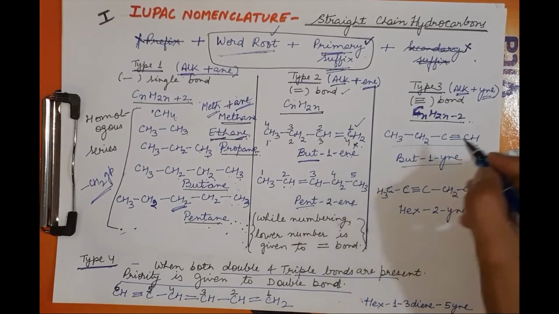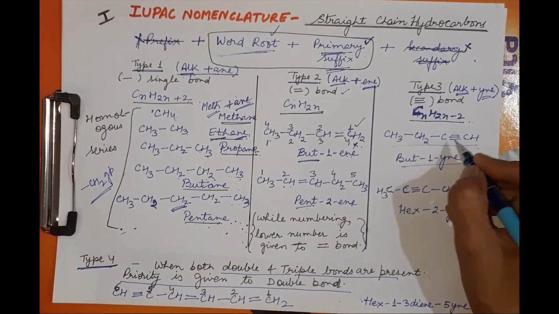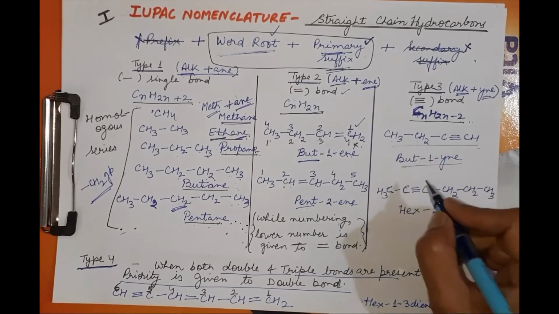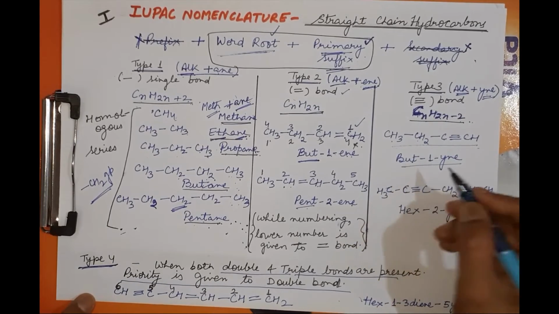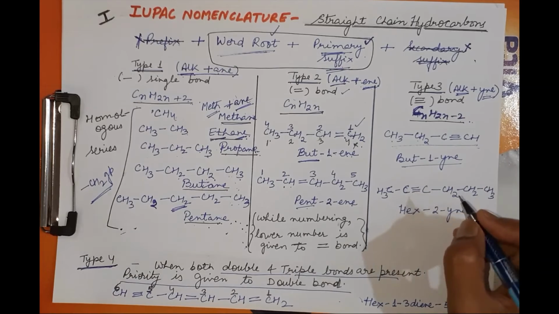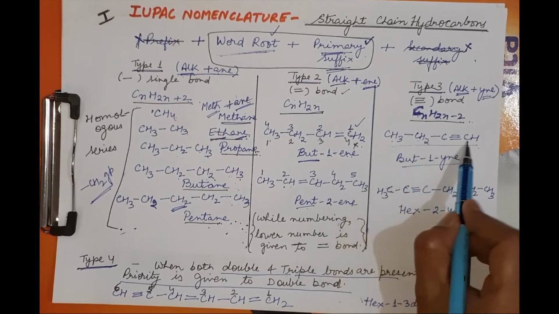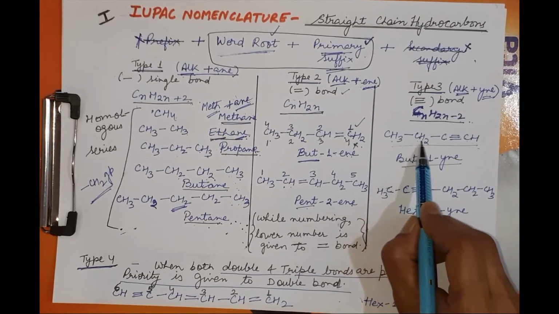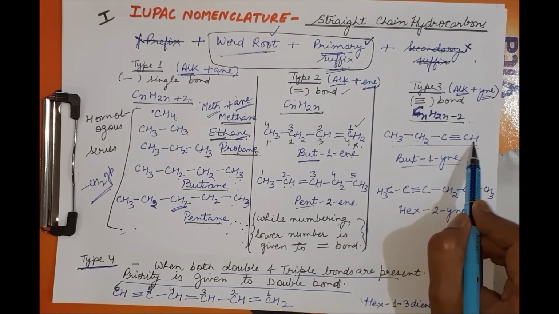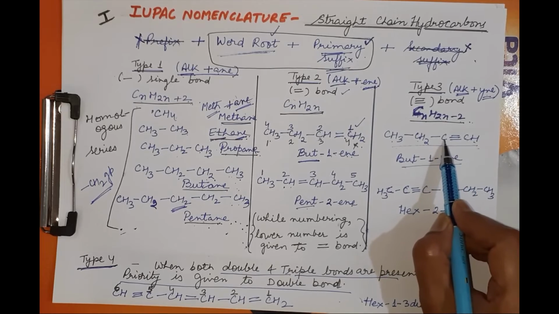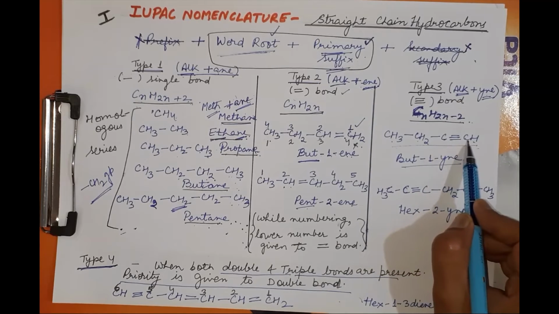First, how many carbon atoms are there? 1, 2, 3, 4. Means but. And the position of the triple bond we have to see. If we give the numbering from left to right, 1, 2, 3, 4, this triple bond will be present between C3 and C4.